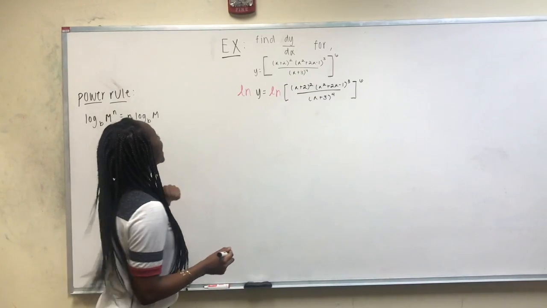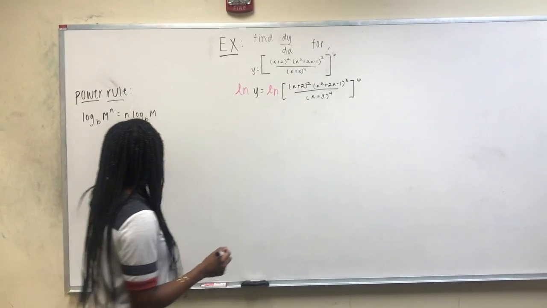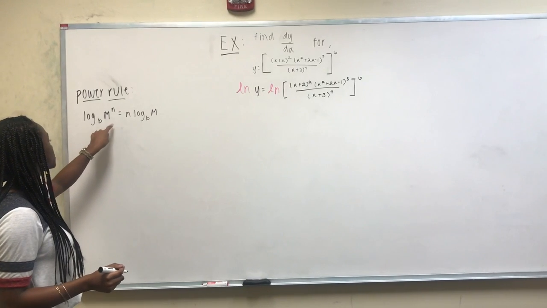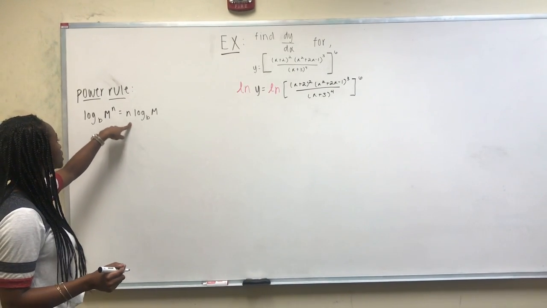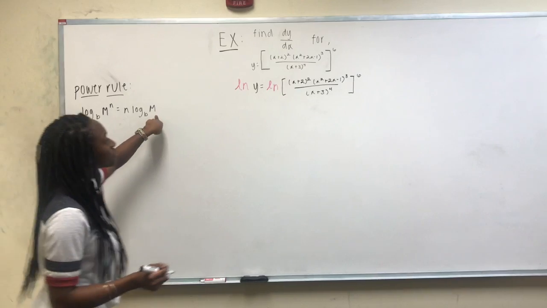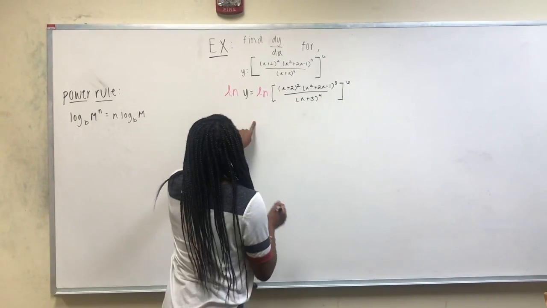Just like this. And so we're going to apply the power rule, which is log base b of m to the n power, and we bring n to the front. So we're going to bring that 6 to the front.